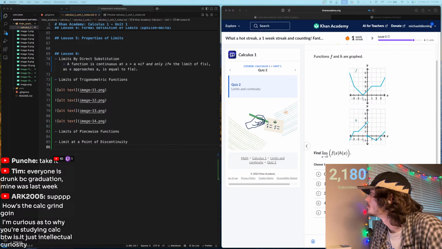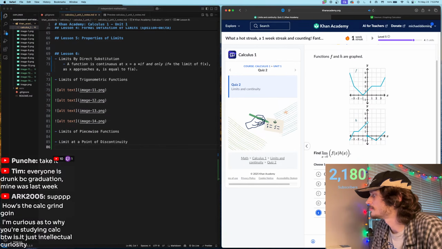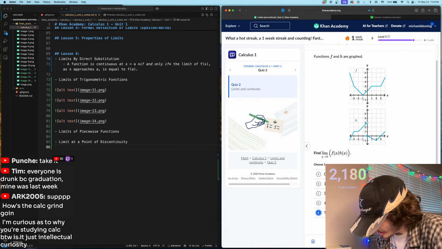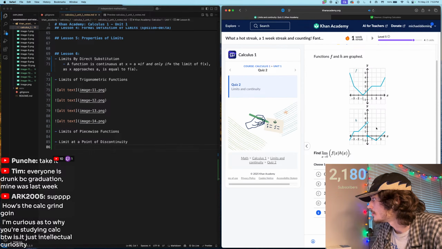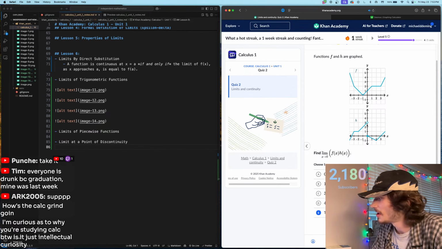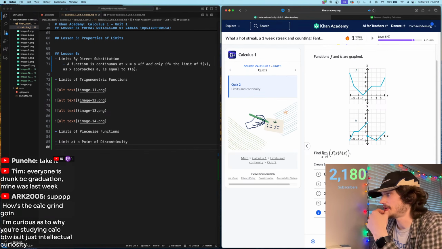But the thing is, do we multiply these together, or does this not exist? Right, because is it 1 times does not exist? Or is it 1 times the different paths? I think it does not exist here in this case.